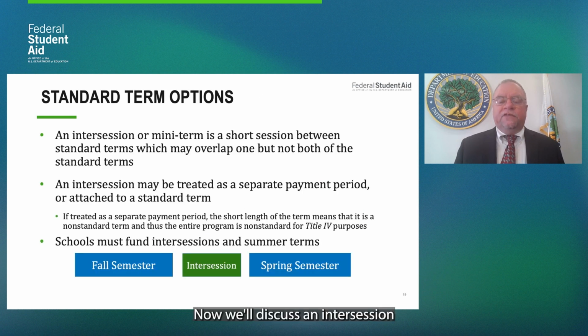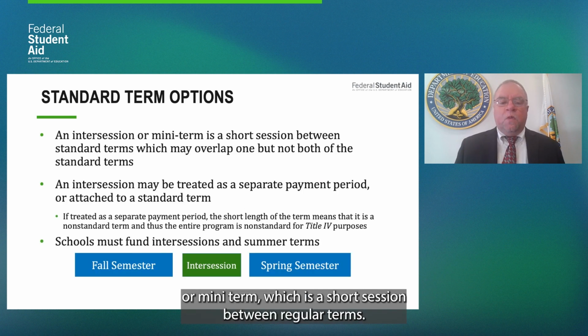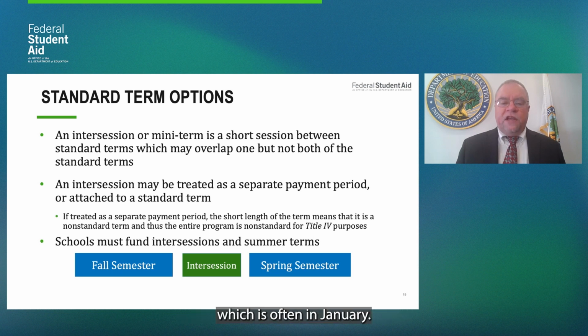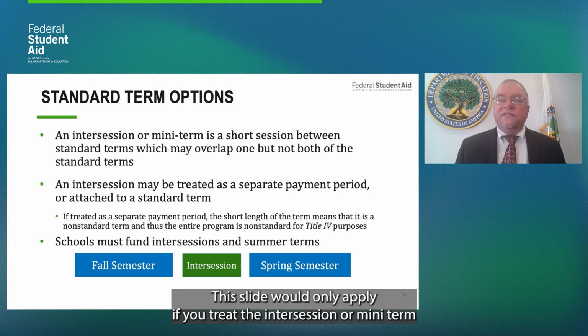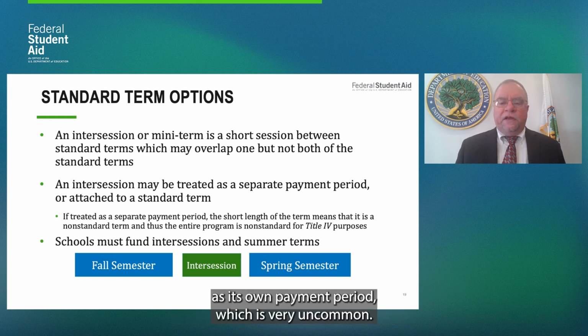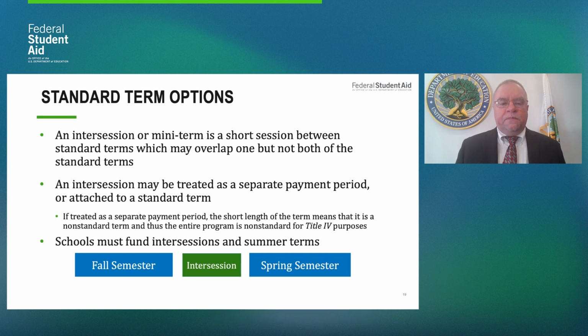Now we'll discuss an intersession or mini-term, which is a short session between regular terms. In this example, the intersession is between the terms, which is often in January. This slide would only apply if you treat the intersession or mini-term as its own payment period, which is very uncommon.